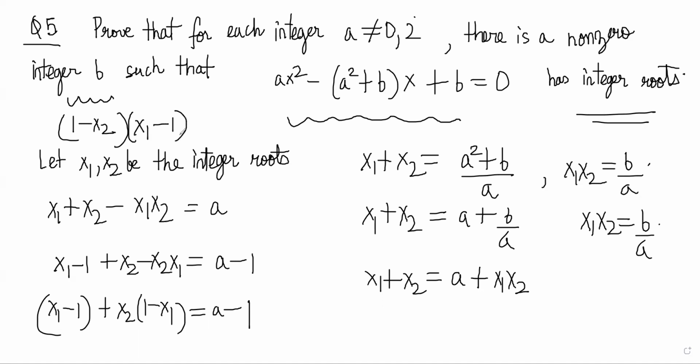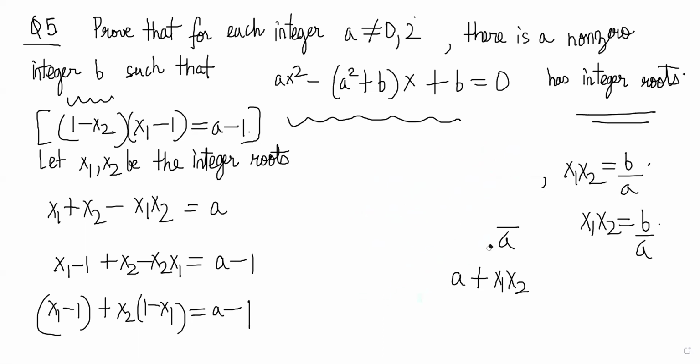So 1 minus x2 into x1 minus 1 is equal to a minus 1. This is what we are getting by using Vieta's relation and assuming that x1 and x2 are the integer roots. So let's see what the solutions of this are.